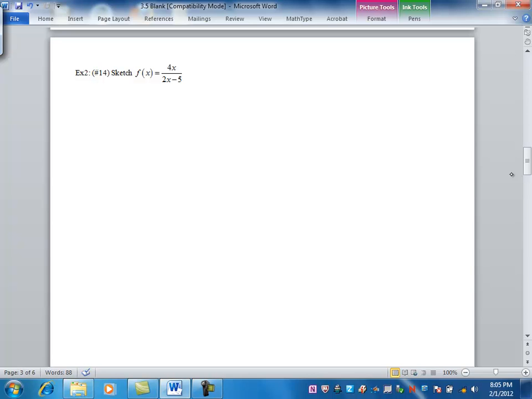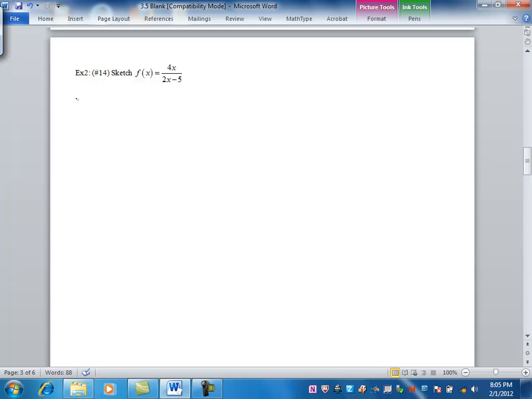Alright, so let's dive right in as we get ready to graph these with horizontal asymptotes. We're going to try to take you slowly through this. First thing we're going to look for will be our x-intercept.